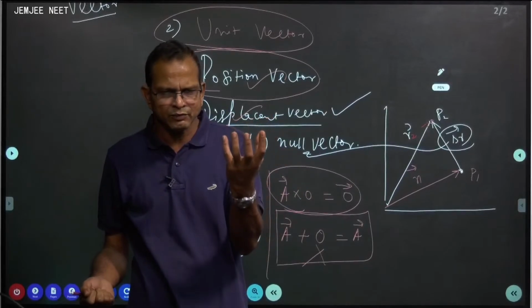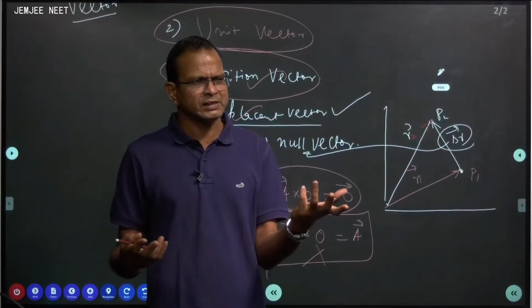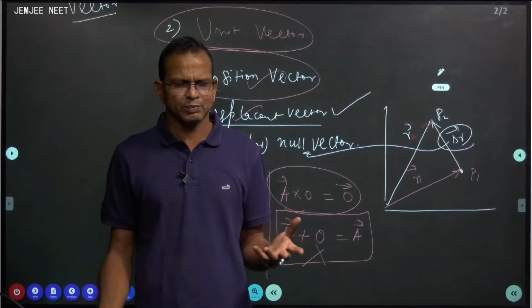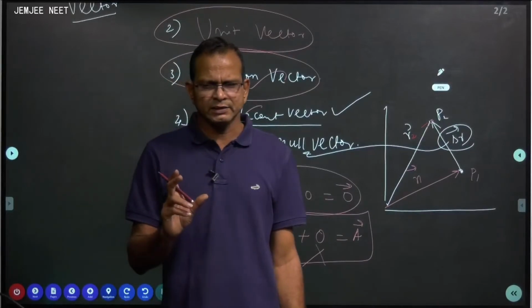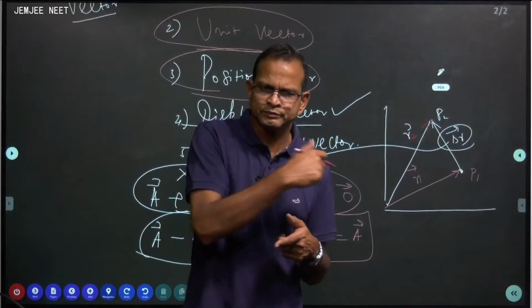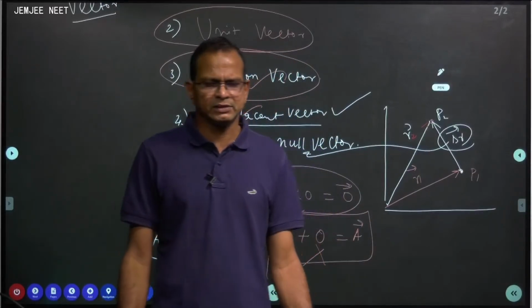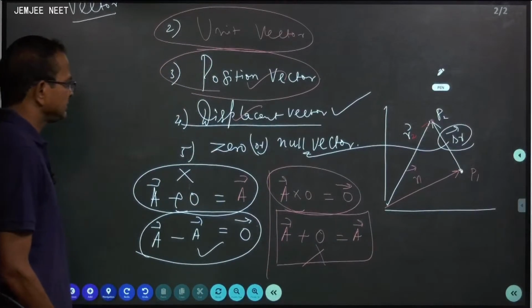Suppose you keep a bucket of water, the pressure is acting on all sides. That's what a tensor is. It's neither scalar nor vector, but it is acting in all directions. Then it's called a tensor. Clear now? I hope you understand.